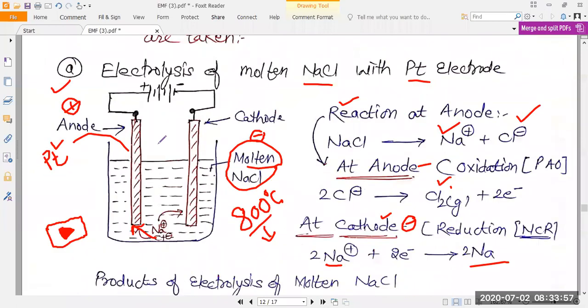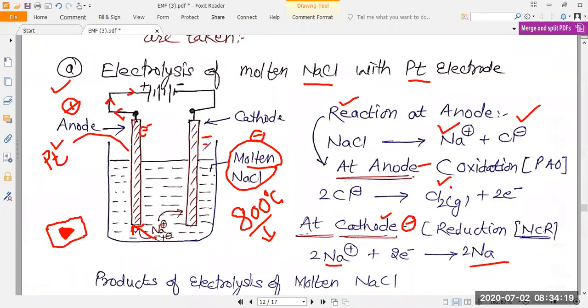In the electrolytic cell, the chloride ions give their electrons to the anode plate. Then the electrons move in this manner, and they will come here.